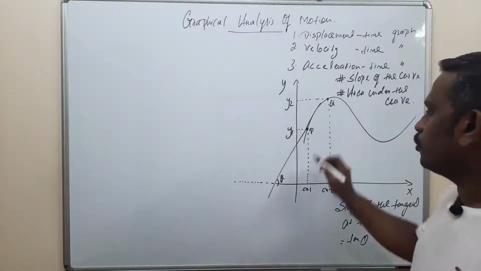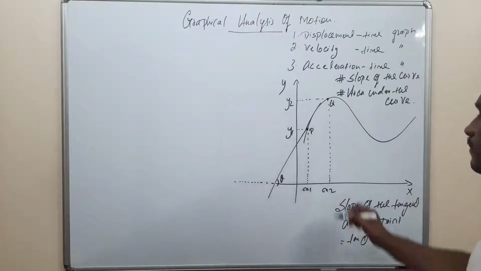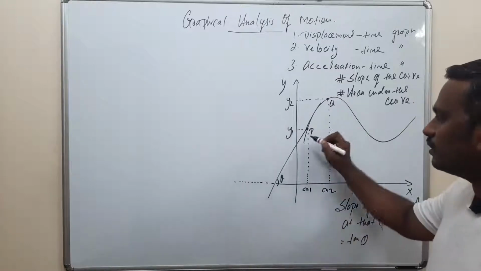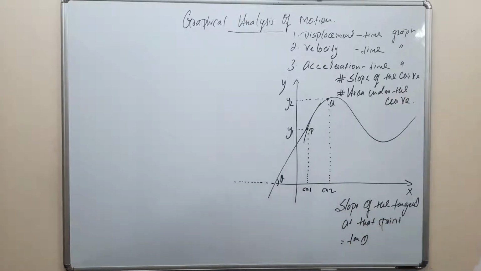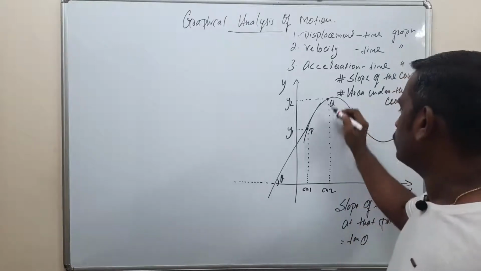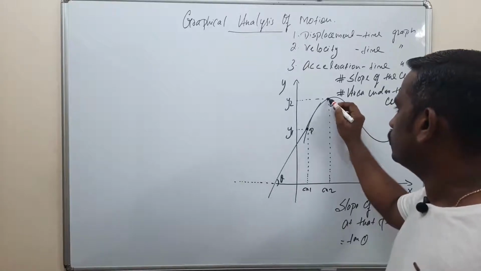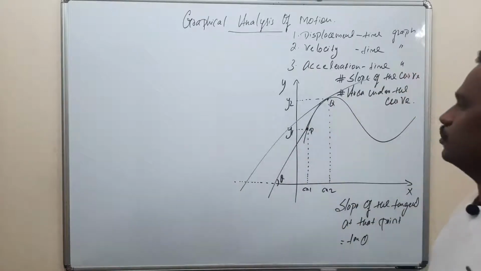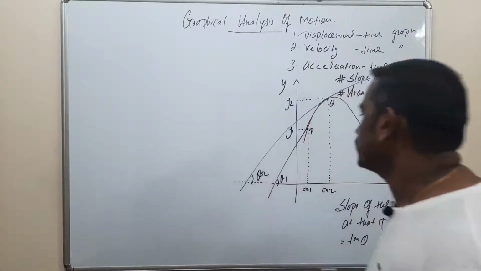Anyway, the slope of the curve at this point P is nothing but the slope of the tangent drawn through that point, which makes an angle theta with the horizontal x-axis. So that is equal to tan theta. In a similar way, to find the slope of the curve at the point Q, draw a tangent through Q. It makes an angle; this is theta 1, this is theta 2.